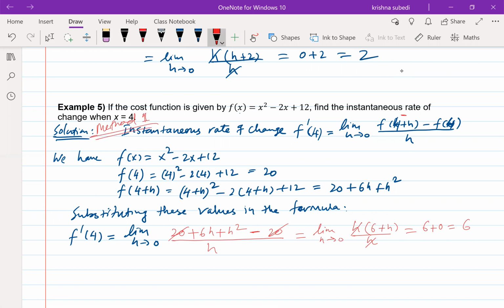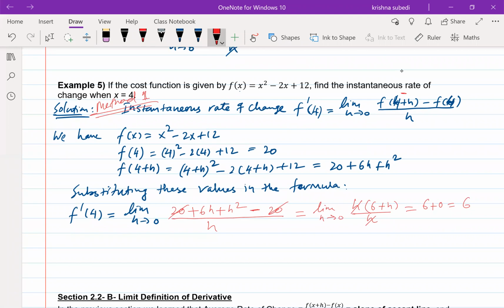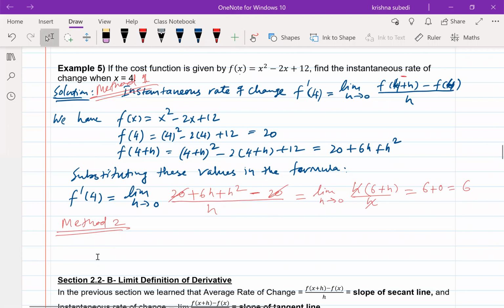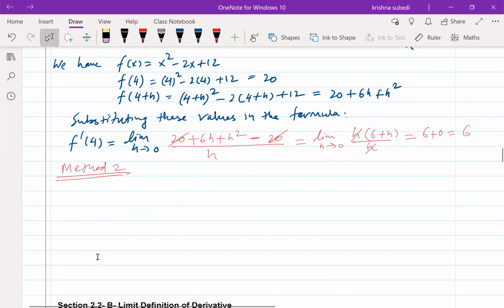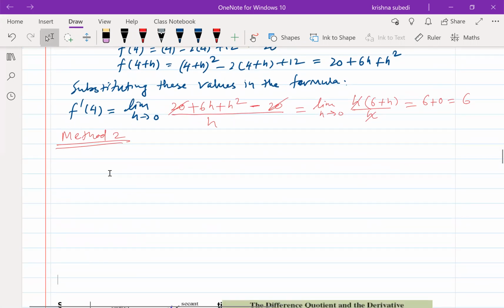And there is another way to calculate this. Method 2. Okay, let us look at method 2.